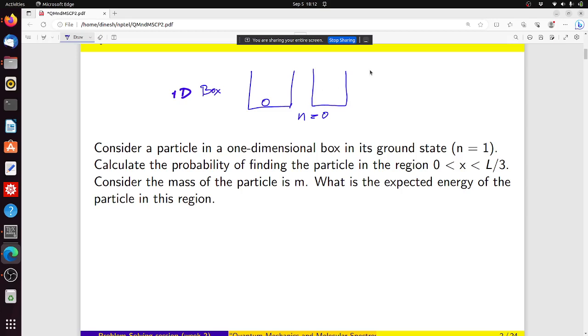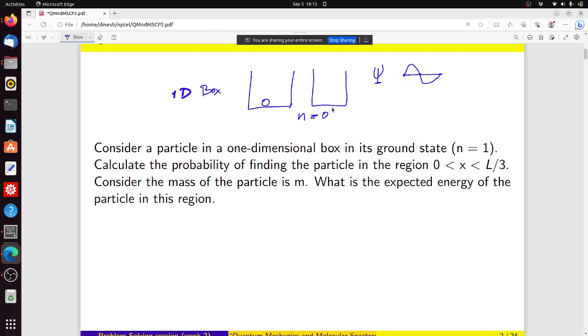If the particle is described by this wave function psi, then it will have some wave nature, right? So how many ways can we describe the particle inside this box? Like a wave, it will have some wavelength, right? So it will have some starting node and end node, right? These points are nodes.